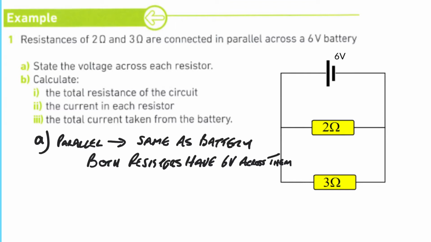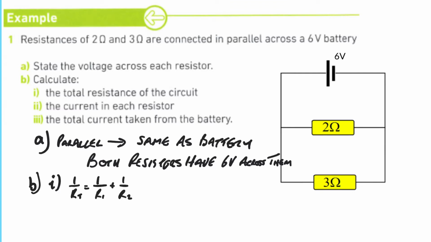Part B then, calculate the total resistance of the circuit. So these are in parallel, we're told, so there's an equation for that. Can you pause the video and have a go at calculating that for me?